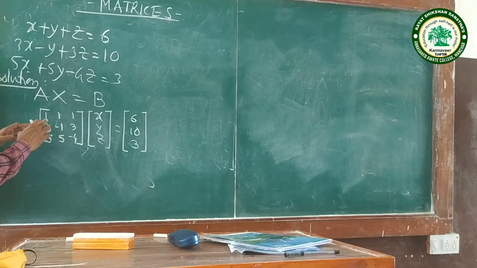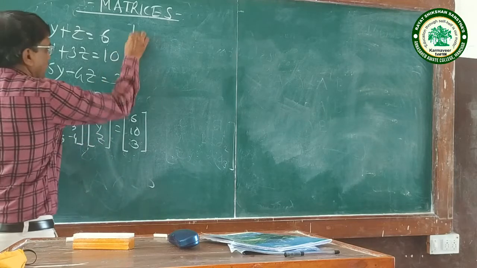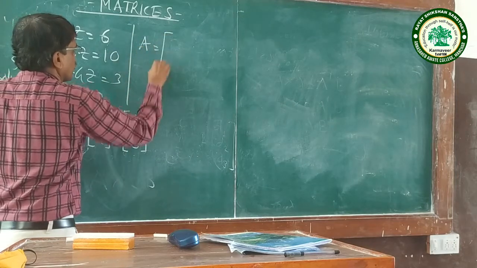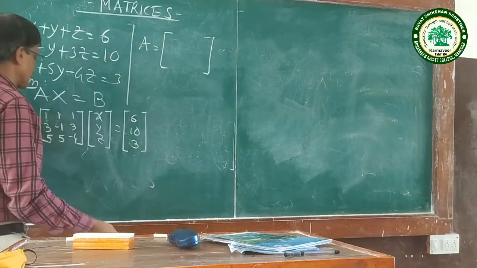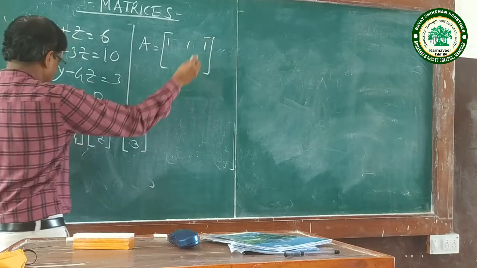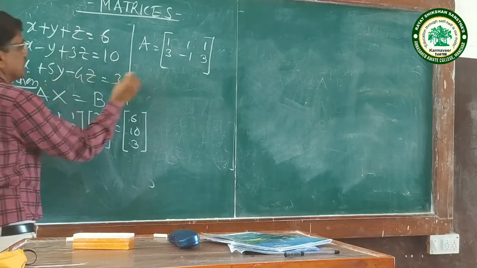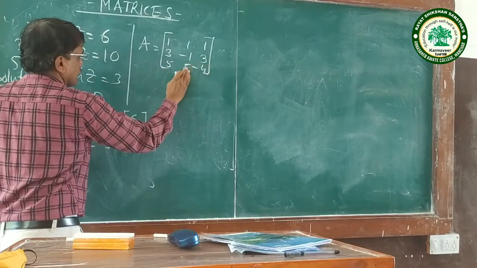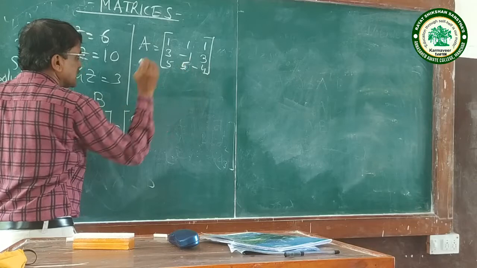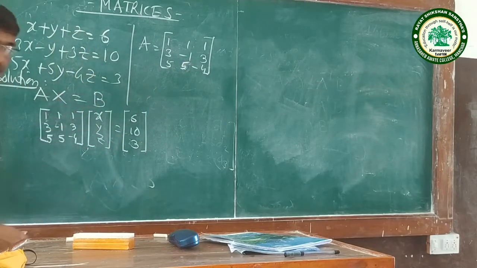Now, let us work on the matrix A. A is equal to 1, 1, 1, 3, minus 1, 3, 5, 5, minus 4. Let us calculate its determinant.